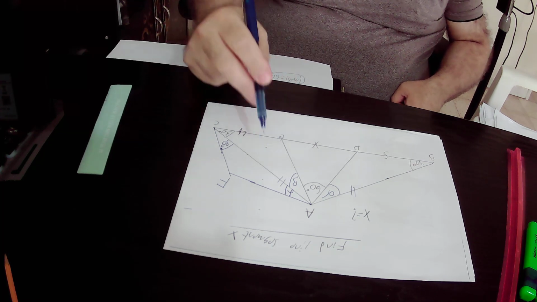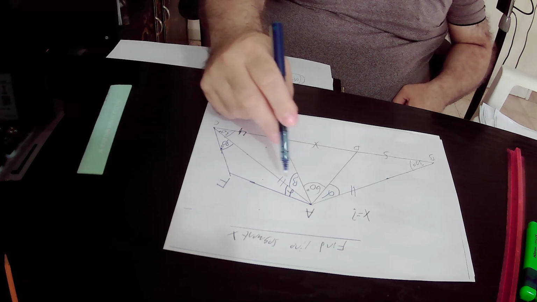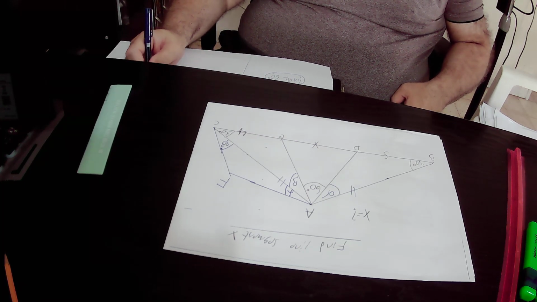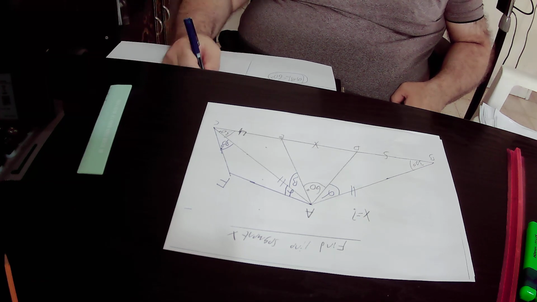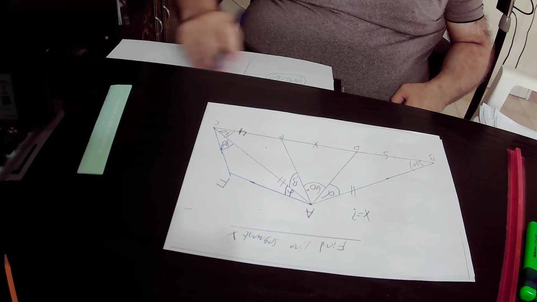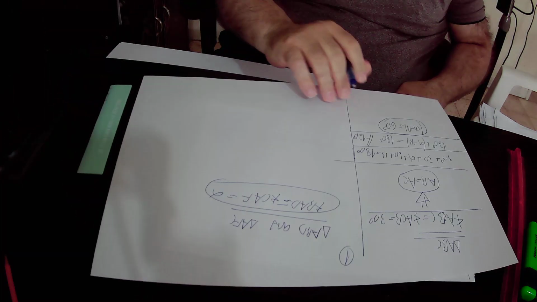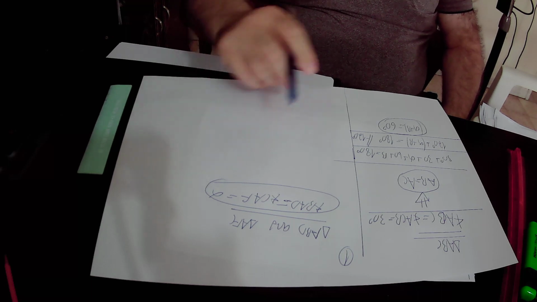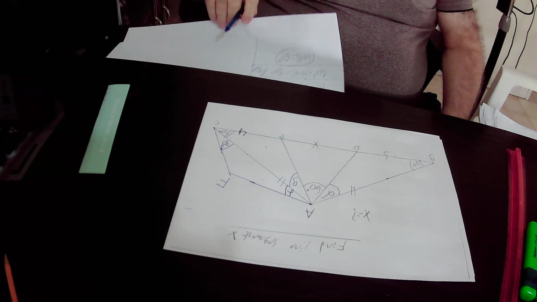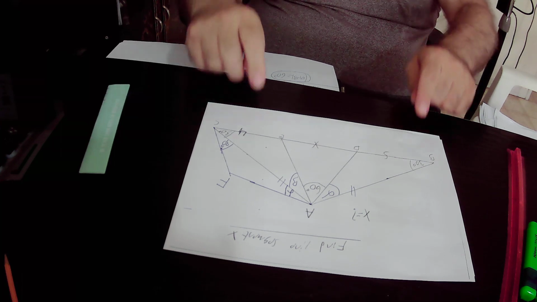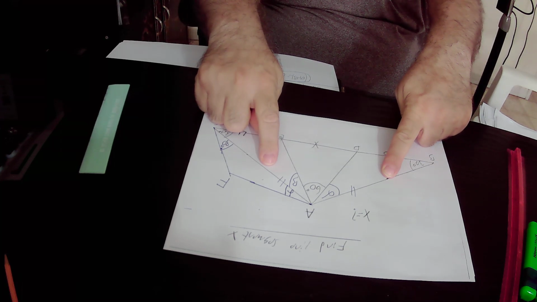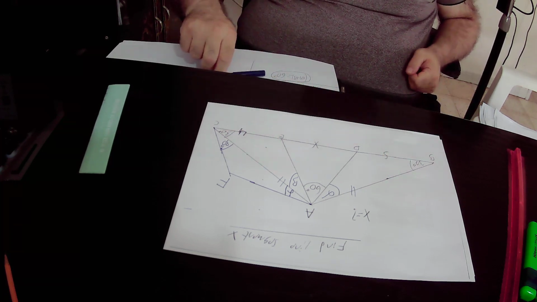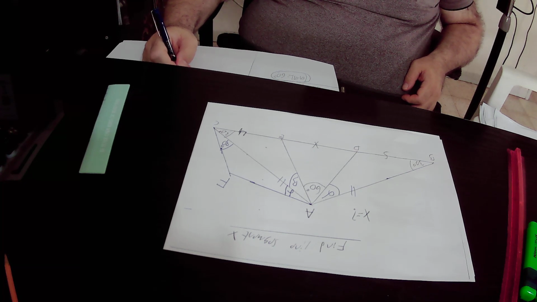Angle BAD equals this angle, which is actually angle CAF, and both angles are equal to alpha. In addition, those two sides are equal to each other according to what we have already proved. That is to say, side AB equals side AC.